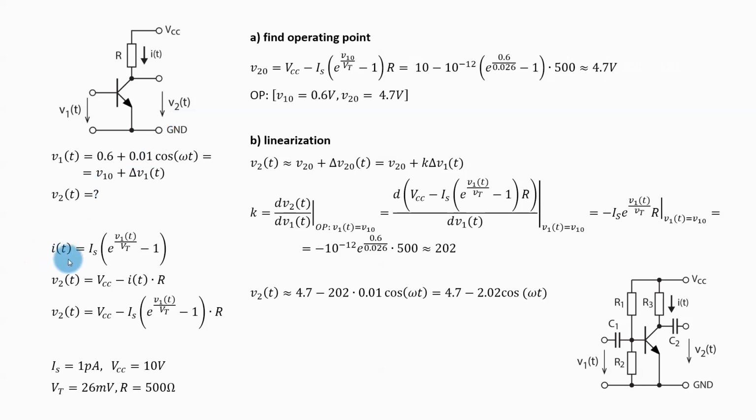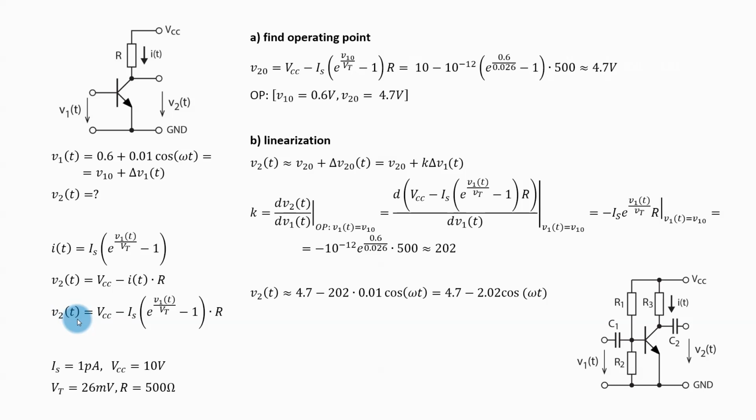Now when I substitute this equation into this one, I will get this relationship between the input voltage and the output voltage. Now I could take this input voltage, substitute it here, and that would give me one very long and very ugly expression for the output voltage, which I may have trouble to deal with.